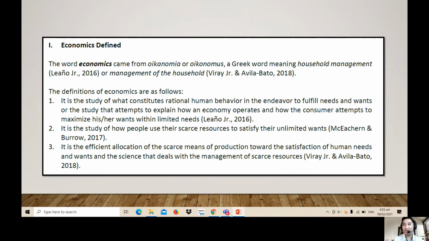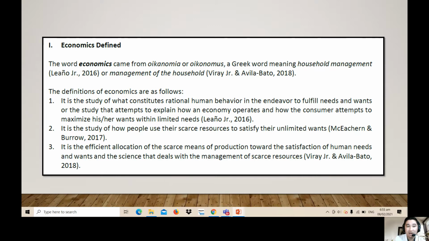So the way you manage the household, from the budgeting, you're actually undergoing or implementing the term economics. This definition of economics is as follows.